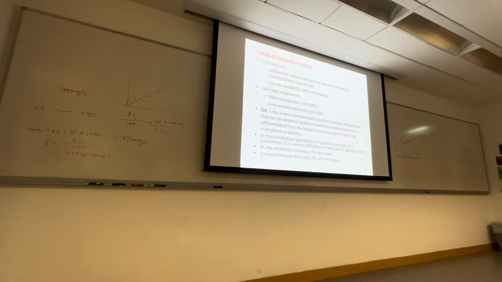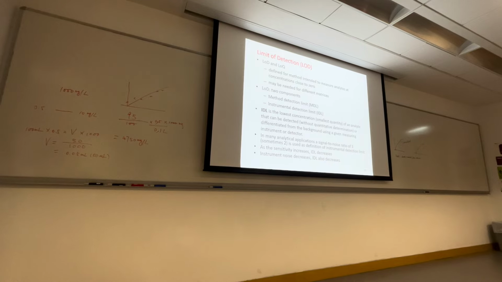Normally, for some of the analytical application, we will define a signal to noise ratio of 3. Then we can say that okay, this should be a signal from the analyte, not the background.